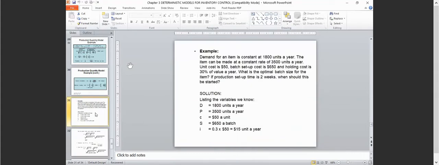We have another example of production order quantity here.